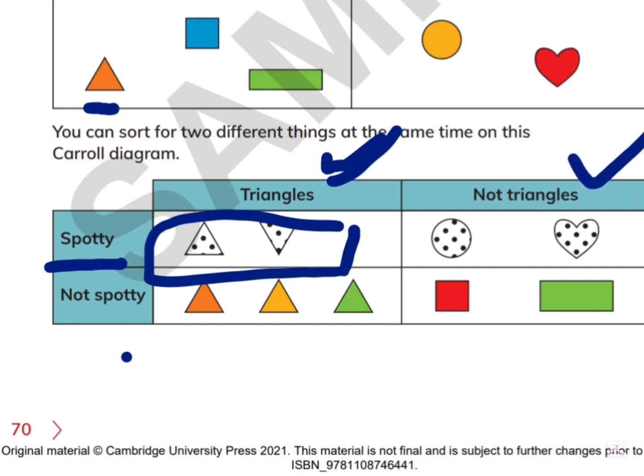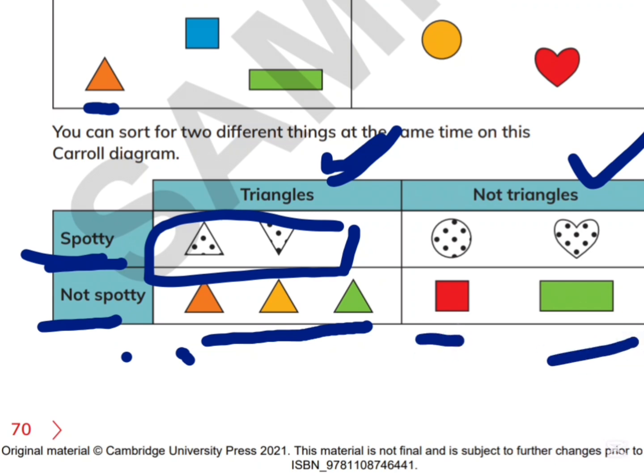Here, the shape should not be a triangle, but it has spots. Here we will make shapes that must be triangles, any color, but not spotty. It does not have any spot. Here we will make shapes that are not triangles and do not have spots on them. So we'll draw the shapes here.